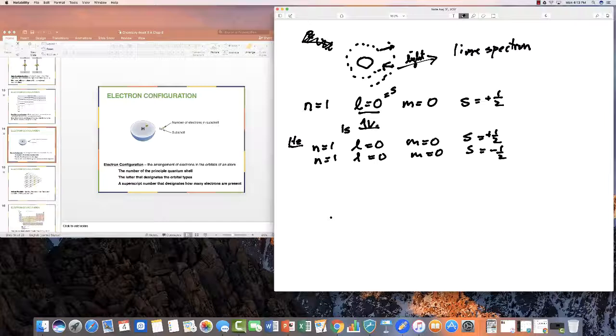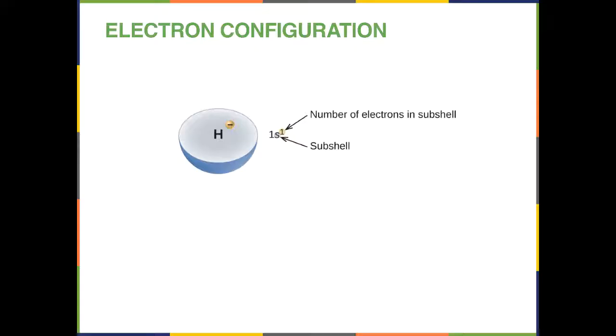And so its symbol would be 1s2. It would be 1 for n equals 1, s for 0, and then 2 electrons, and that would be the electron configuration of helium. 1s1 is the electron configuration for hydrogen.